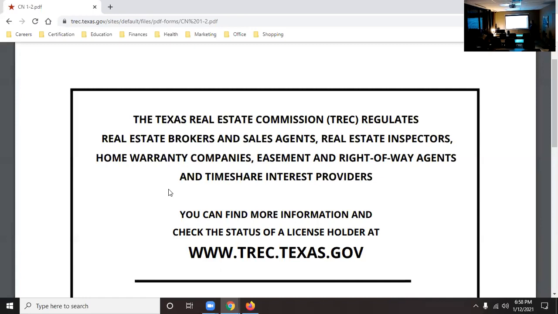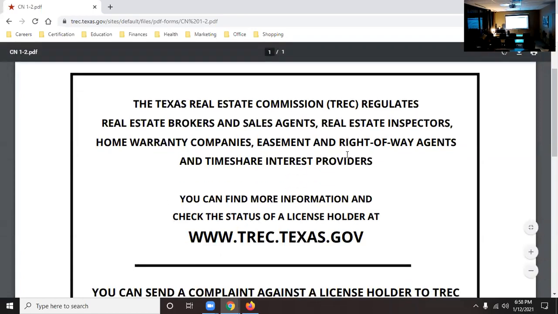And as you can see up here, it states, the Texas Real Estate Commission, TREC, regulates real estate brokers and sales agents, real estate inspectors, home warranty companies, easement and right-of-way agents, and timeshare interest providers. You can find out more information and check the status of any license holder at www.trec.texas.gov.